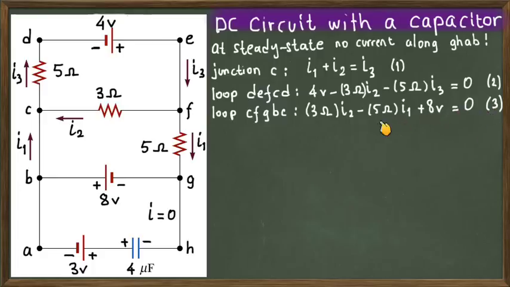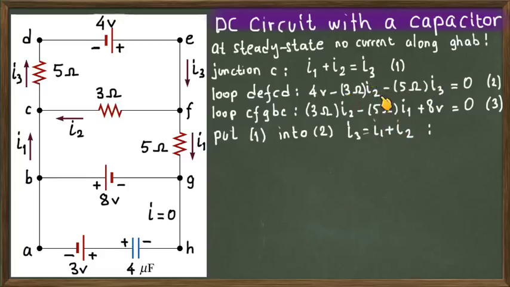So now we have 3 equations with 3 unknowns, I1, I2, and I3, and we know the values of the resistors, so the rest is just algebra. For this you can, for example, put the first equation into the second equation. That means you replace I3 by I1 plus I2.